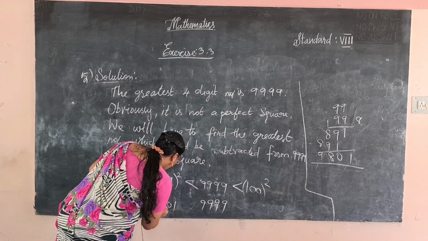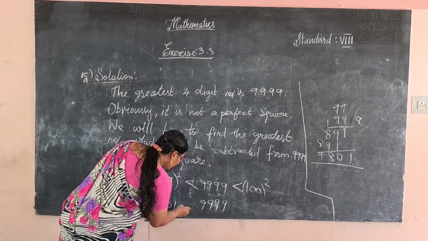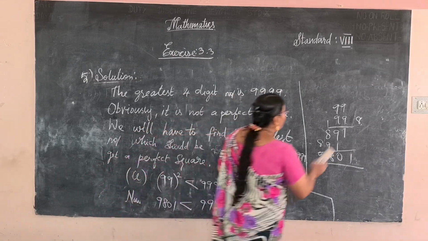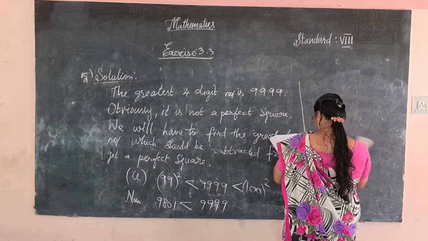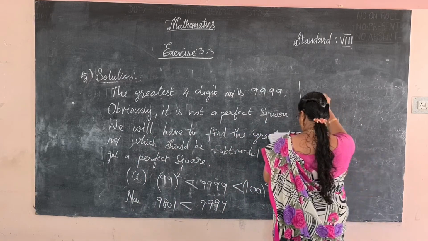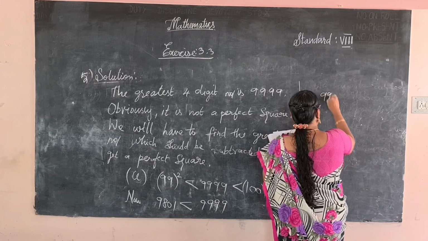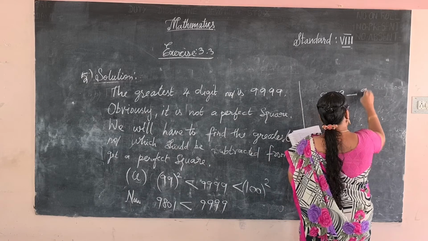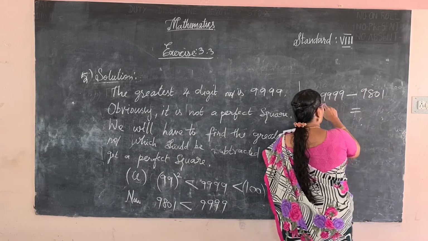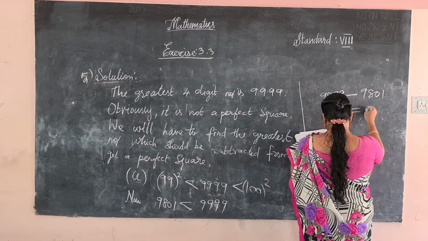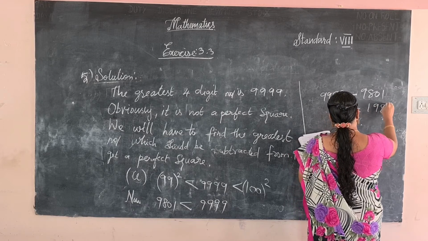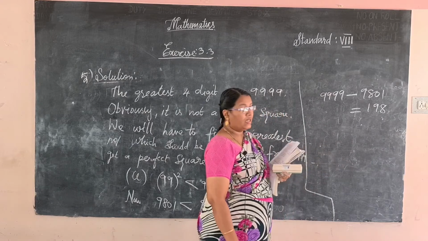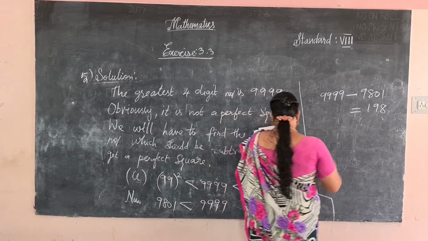So 9801 is less than 9999. Subtract the value from 9999, we get 198. Then the given number becomes a perfect square.